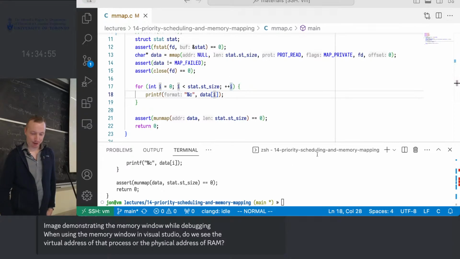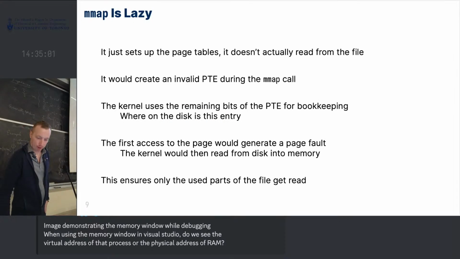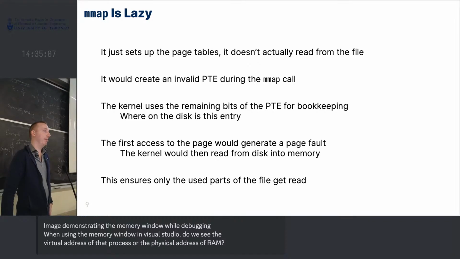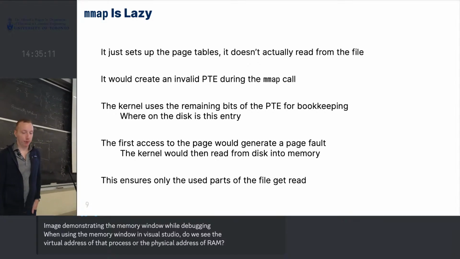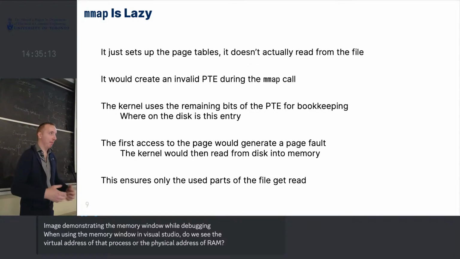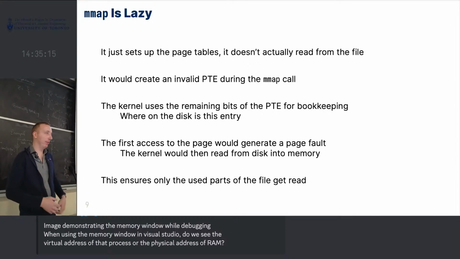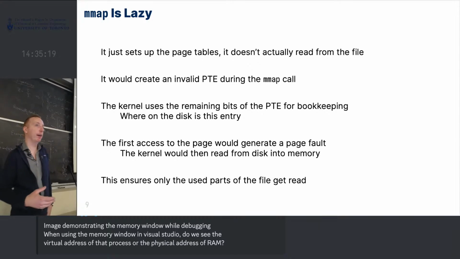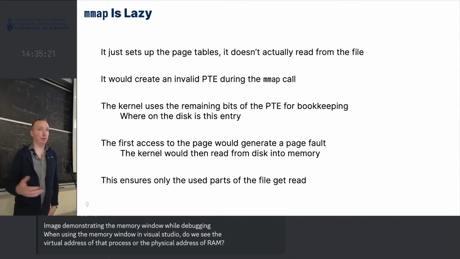So why did I talk about this? The mmap system call is lazy, so it just sets up the page table, and initially it does not read from the file. It just creates page table entries that are invalid, that have some bookkeeping information that says, hey, whenever we try to access this virtual page, I should probably read from this file.